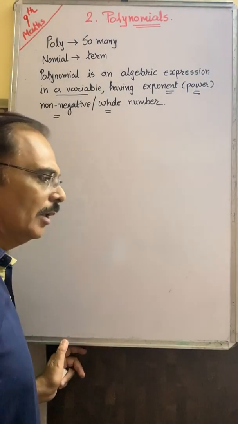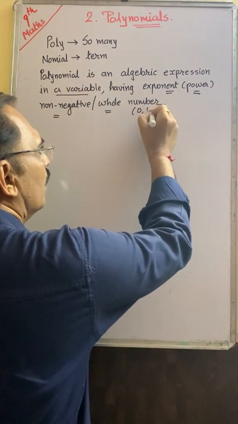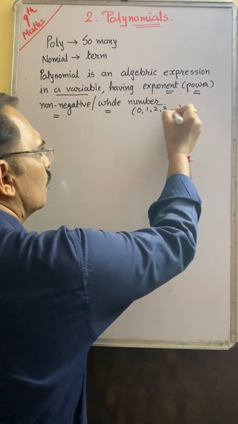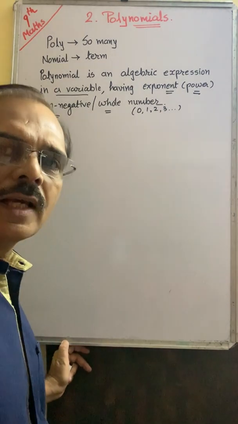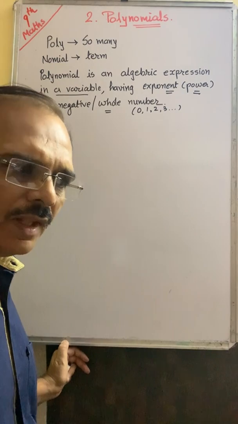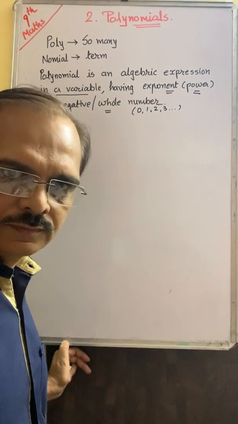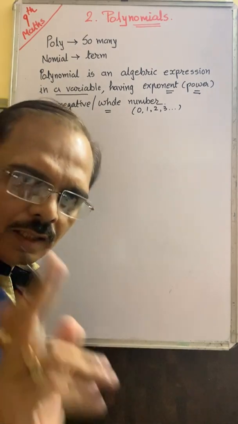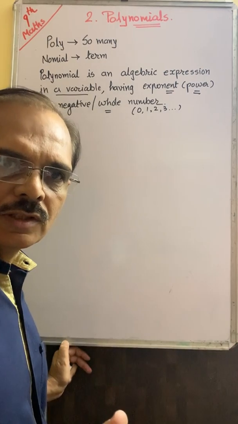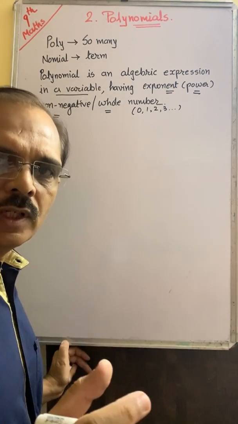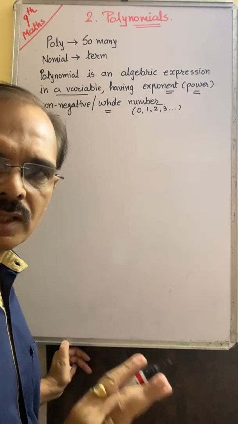You have learnt about whole numbers in the first chapter, that the numbers 0, 1, 2, 3 etc. are whole numbers. Means in the power there are this type of non-negative integers. Then we consider that the given expression is a polynomial. Is it okay? Again I repeat, polynomial means an algebraic expression having exponent, means power, as a non-negative whole number.